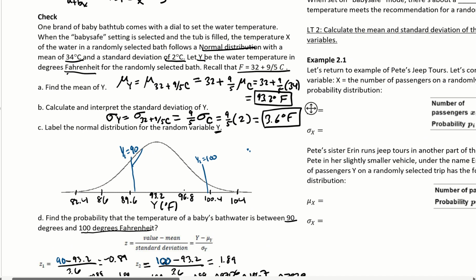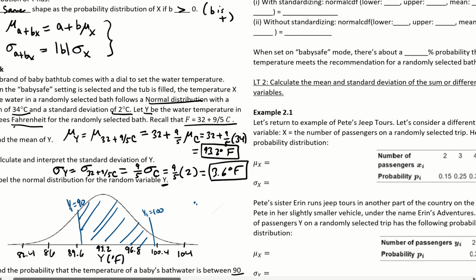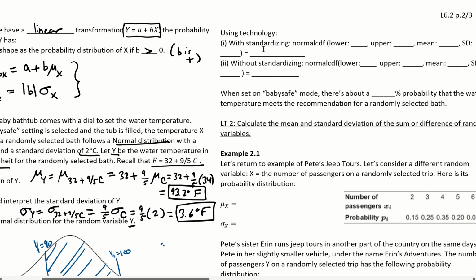The lower value is 90 and the upper value is 100.